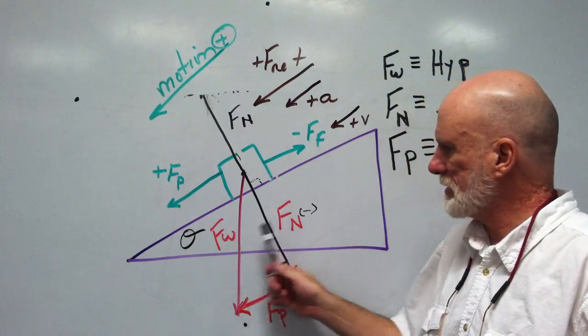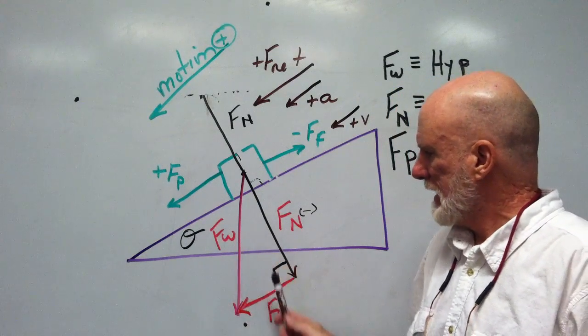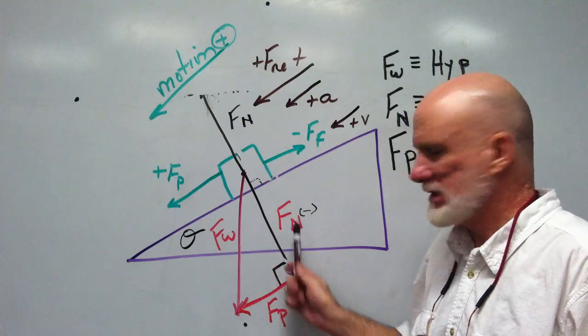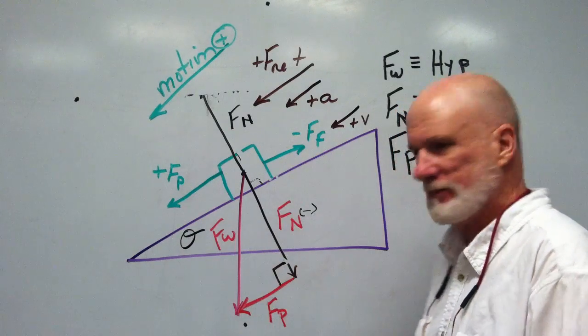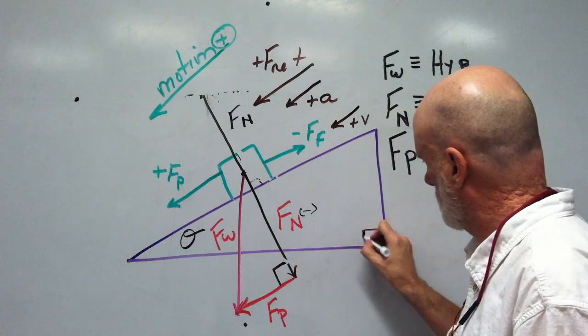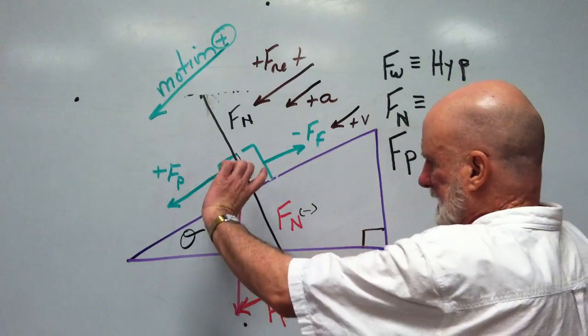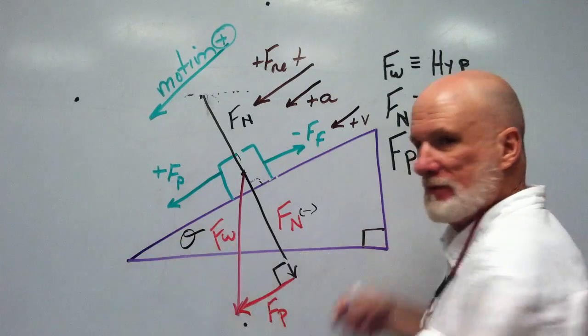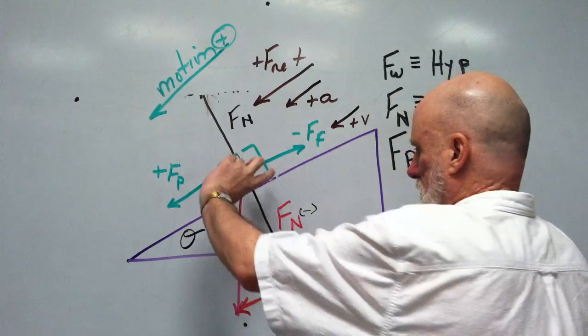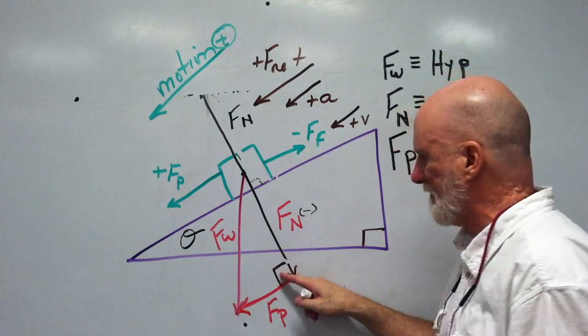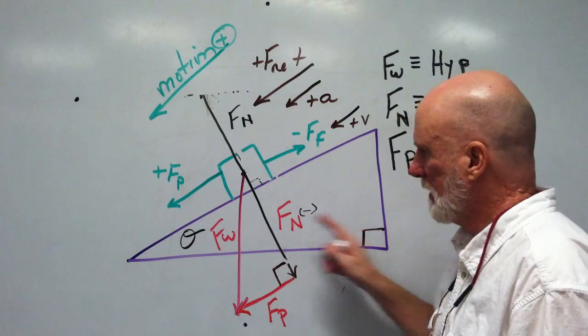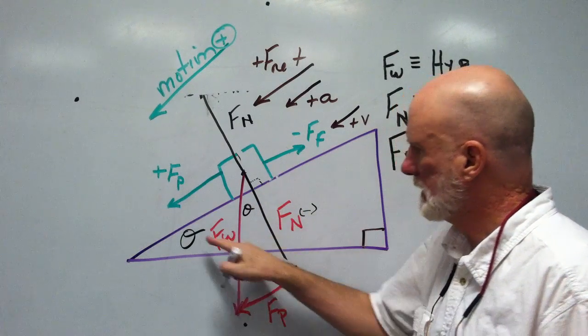You start with this. Now look at this. If that is not similar to that, you're doing something wrong. If I take this and I flip it like that, it's the same triangle. So that has got to be that. Okay? That is that.